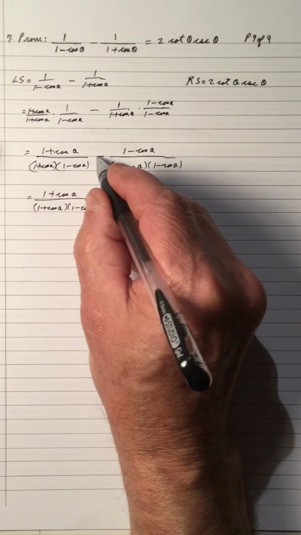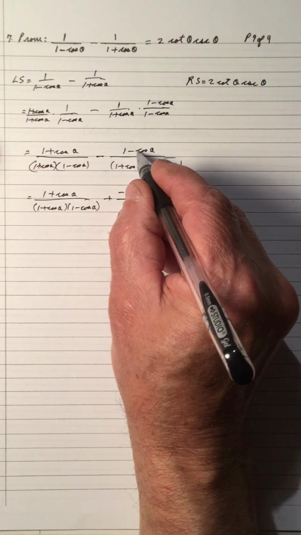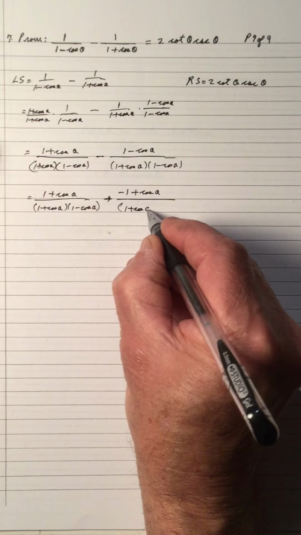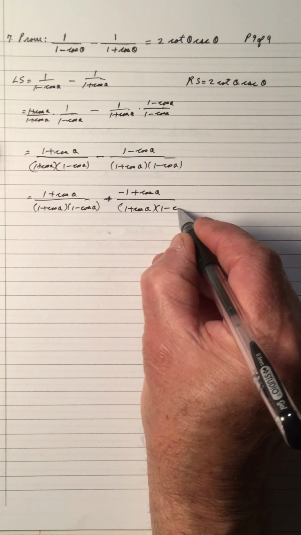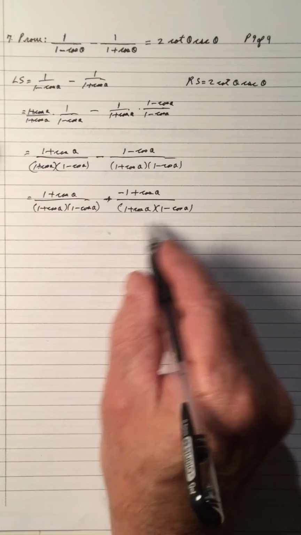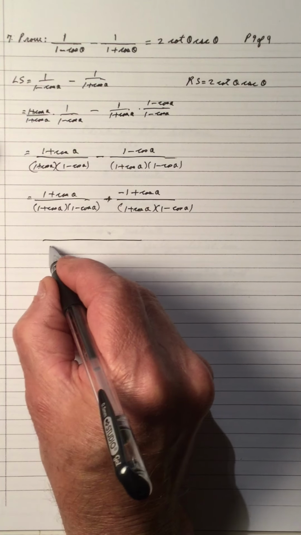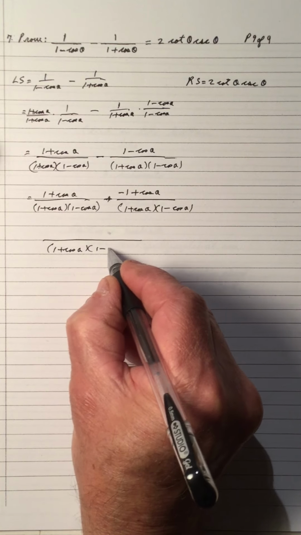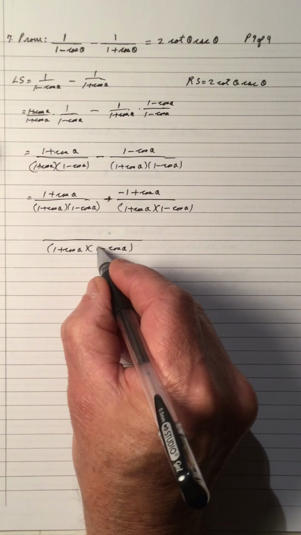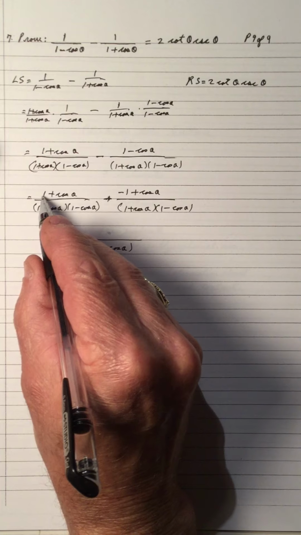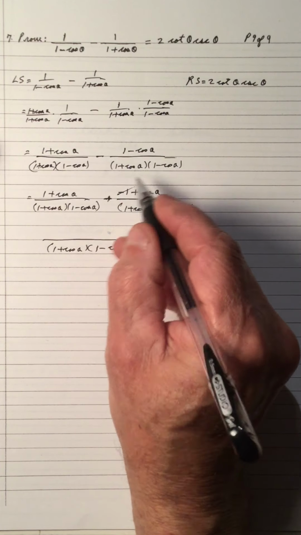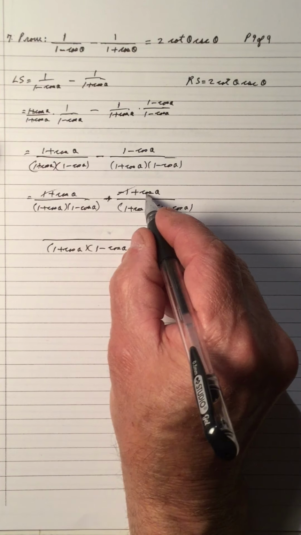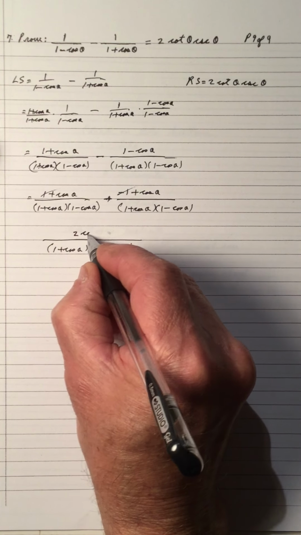Because when you subtract, you make that a negative, you make that a positive, so we're adding on the opposite of the numerator, which we have done. Now the two denominators are the same, so we write down 1 plus cos, 1 minus cos, that's the common denominator. So 1 add on -1 cancels out, and we got cos plus cos is 2 cos.